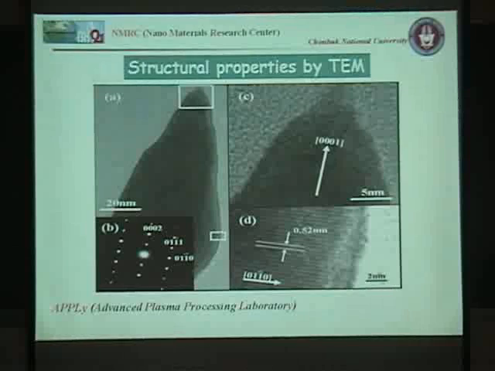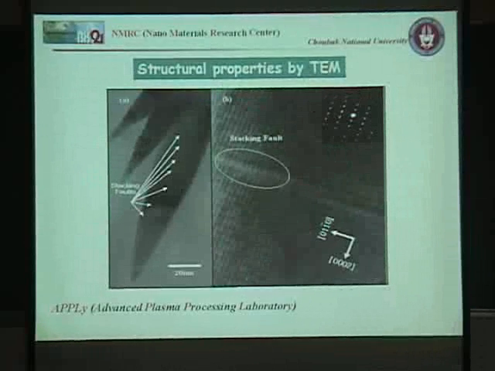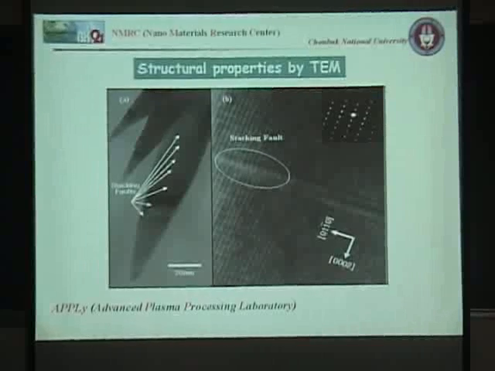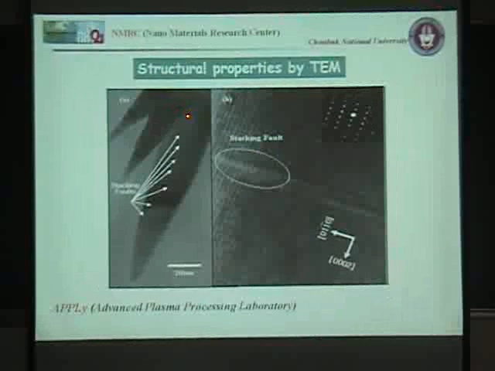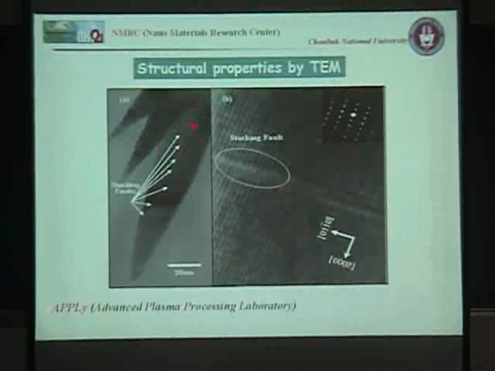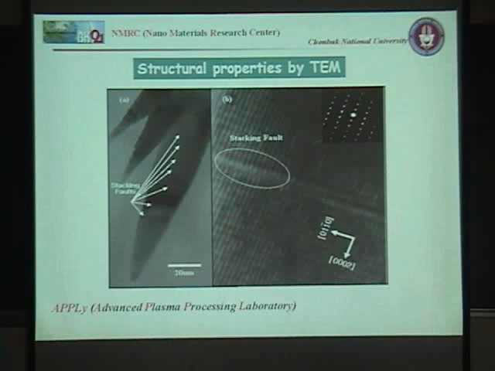Further structural characterization was also done by TEM. From these nanoneedles, we can see that there are some scratch-like structures on these structures, which we observe using the HRTEM image.